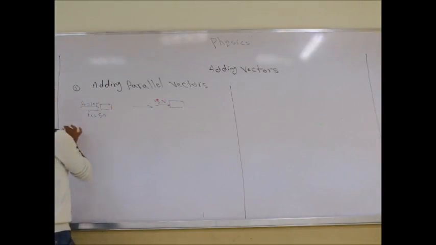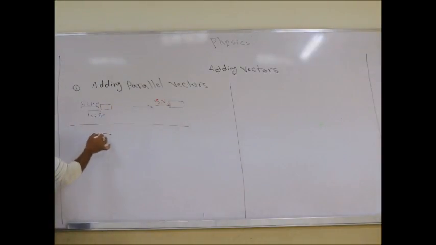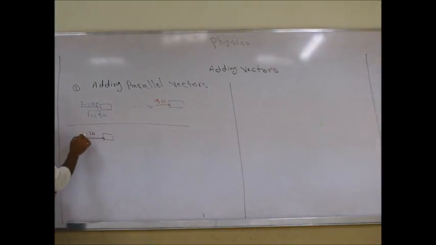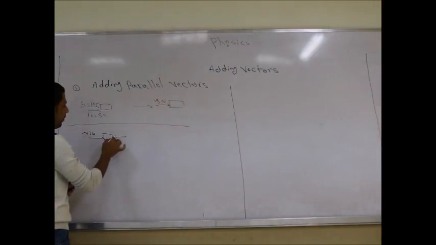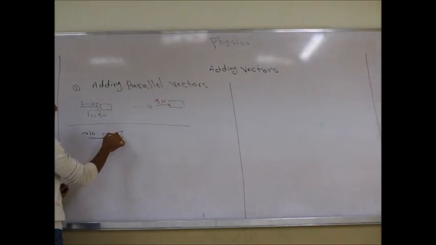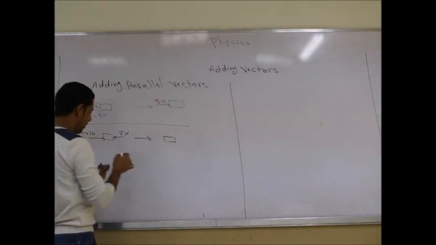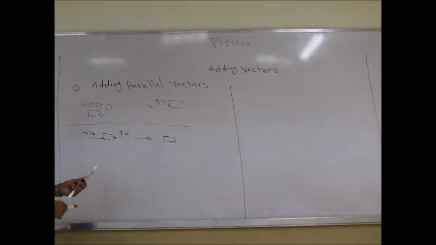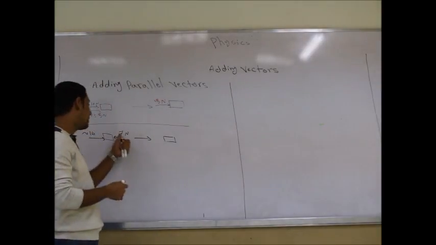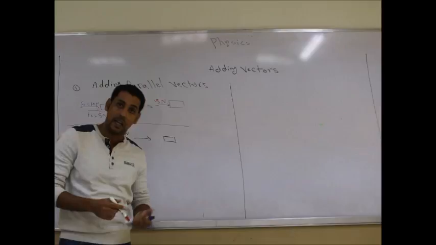If there is another case in which the two vectors are in opposite directions, for example, this is 10 Newton to the right and we have another one to the left, 7 Newton. When we add the two vectors, the 10 to the right will be positive and the 7 to the left will be negative.